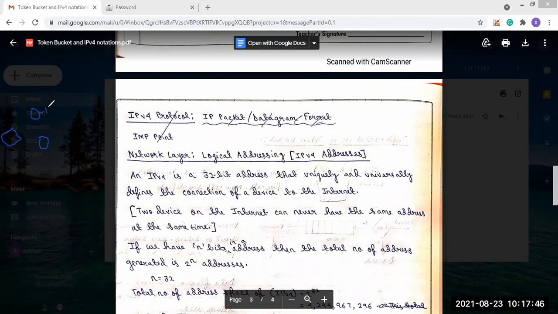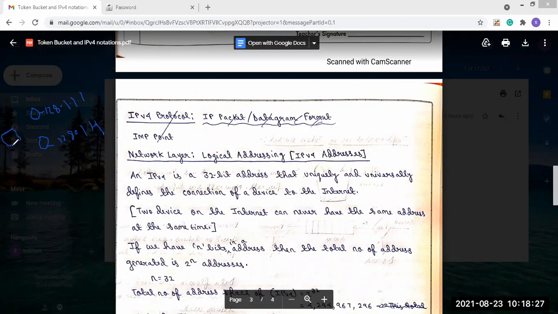Now this system has an IP address 128.1.1.1, and another system has the same IP address, 128.1.1.1. So these two systems have the same IP address. Now let's say this packet has to be transmitted.